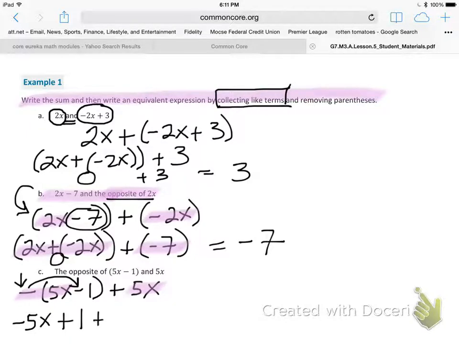Then we can put these two together, and they of course are 0, and we are left with 1 only. So we've used the commutative property, distributive property, all kinds of properties, and finally the additive identity property of 0. We have an answer of 1.